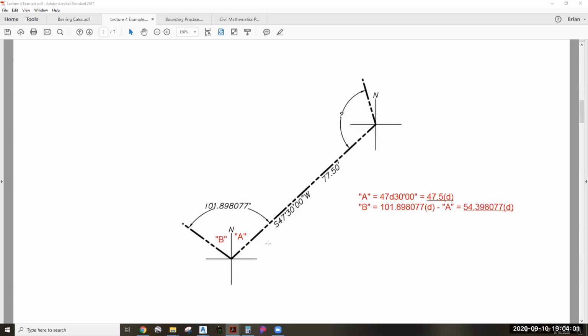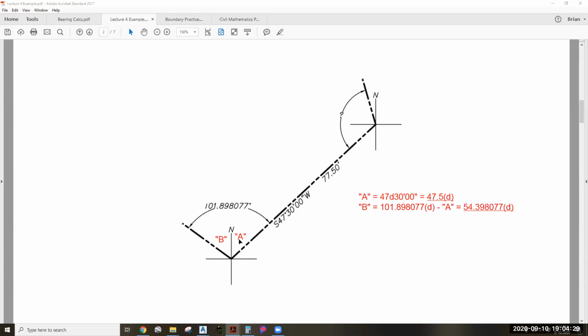Remember what I said: depending on the direction that you walk, the bearing can be, for example on this one, south and west, because I would be going from the upper right corner to the lower corner. But if I walked from the lower corner to the upper right corner, that would be an N and an E, northeast. They're the same angle.